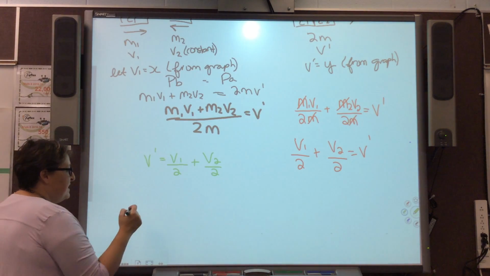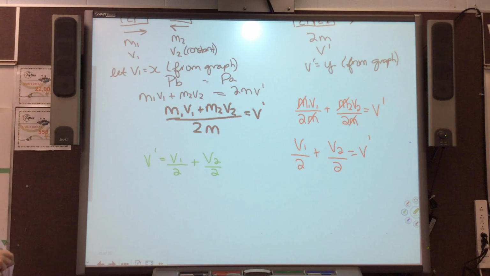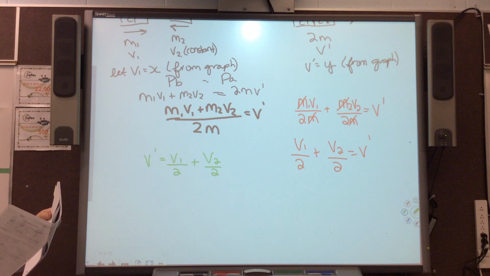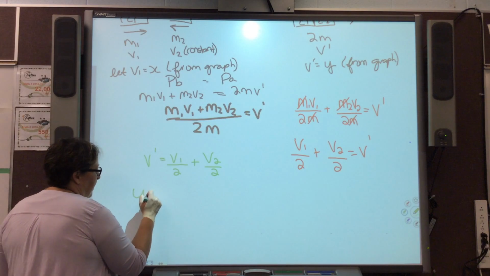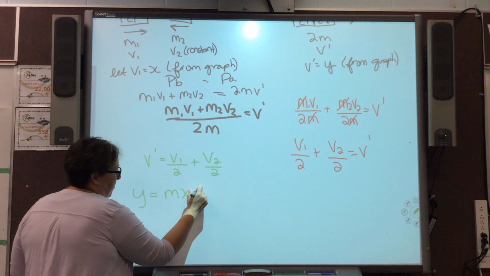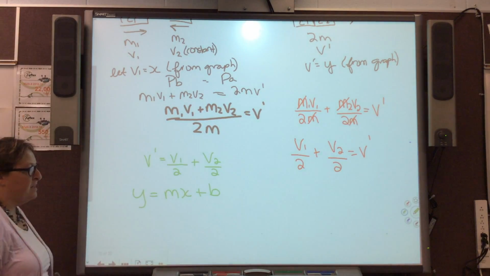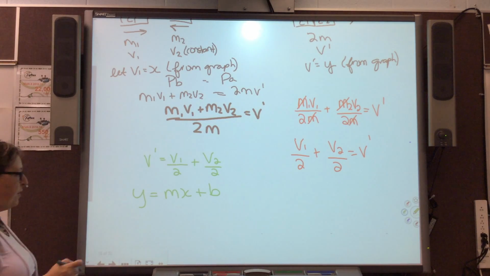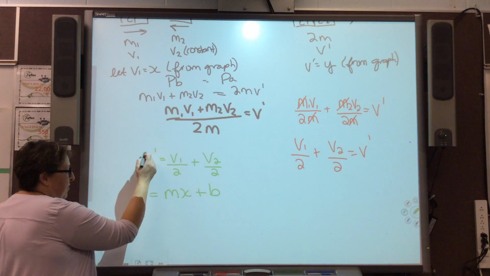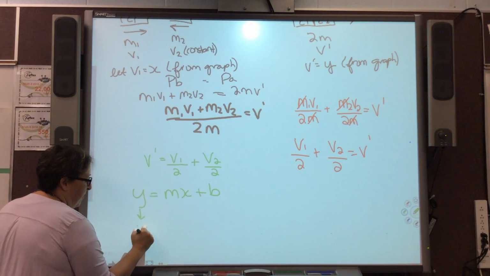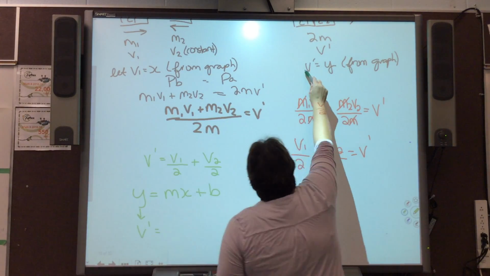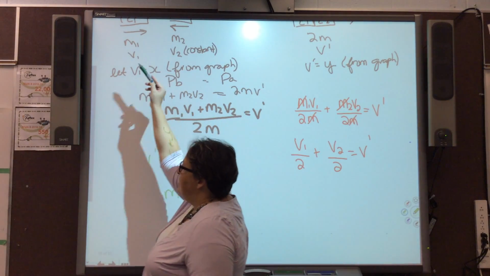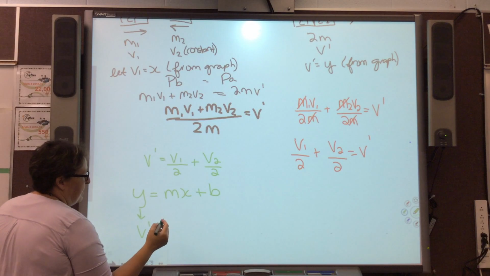Now, we know this formula here when it said calculate the slope. Number one said, what is the theoretical value of the slope? Well, we know that the slope formula looks like this: mx plus b. So going from this pattern here, v prime, and we said that up here, v prime is y, and that v1 is x, the initial velocity.